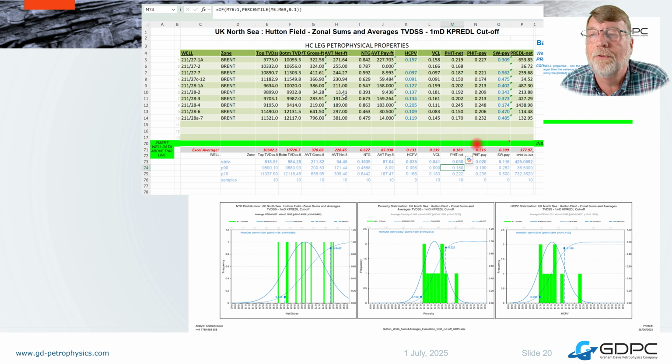But these are simple Excel functions, and you can see here what I've done is I've fitted a normal distribution and cumulative frequency over the top here, and I'll show you how I derive that. But you can see that this normal distribution doesn't quite match the population percentile P10 and P90.